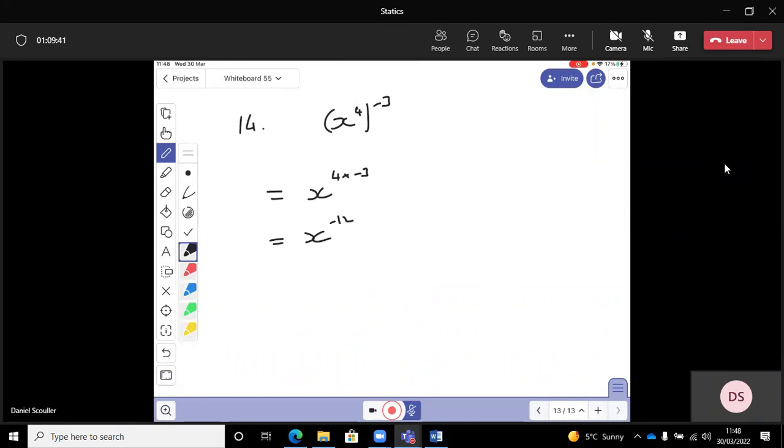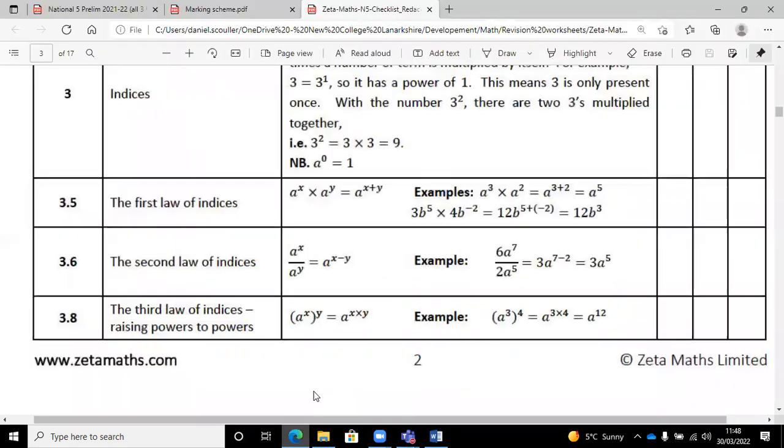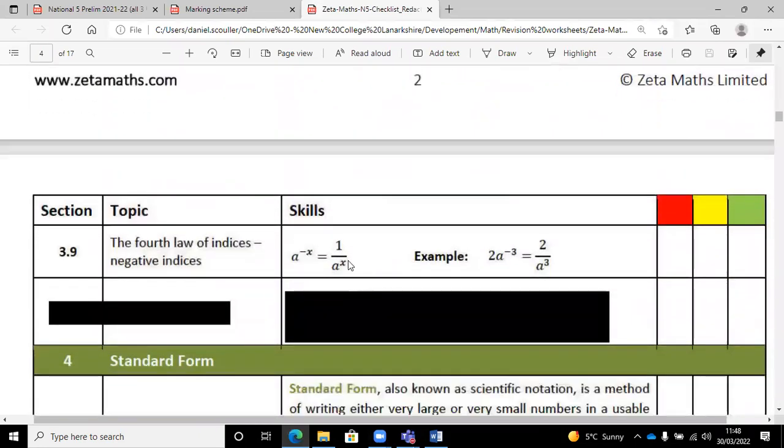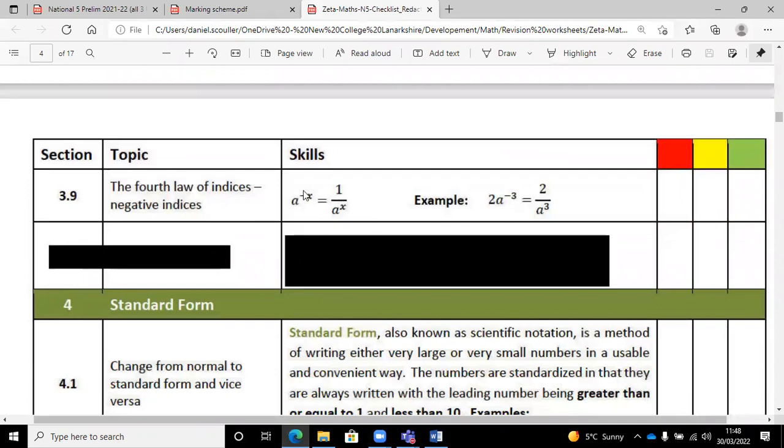Okay, what they're looking for you to do with this is understand that a negative power becomes 1 over x to that power, and that leaves it in a positive. Okay, which is this rule here. So if you've got a term to a negative power, you can write that as 1 over that power, and the power becomes positive.